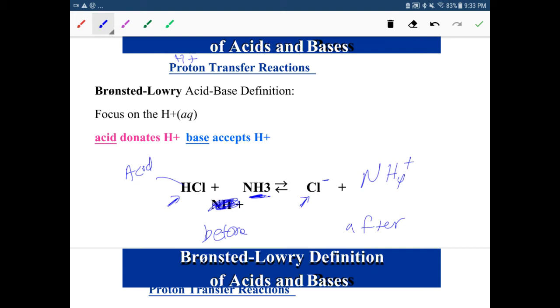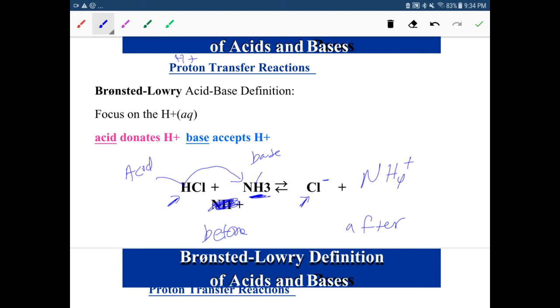Right away, this tells you NH3 is going to be the base. Why? Because it accepted the H from the HCl. So HCl donated its H to become Cl minus, and NH3 accepted the H becoming NH4 plus. So HCl is the proton donor, so it's the acid, and NH3 accepted the proton, accepted the H plus, so it's the base.